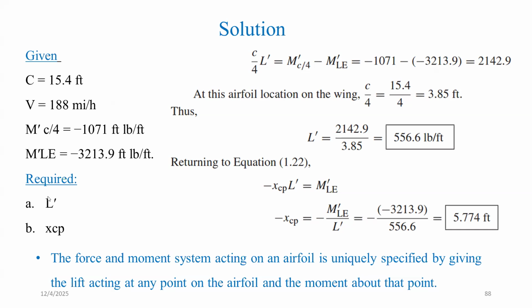What is required here is the lift and the x_CP. In order to find the lift, we can directly use Mc/4 equals M about the leading edge plus c/4 times L. Directly applying this, we can immediately find the lift, just a matter of mathematics, since c is already given as 15.4.